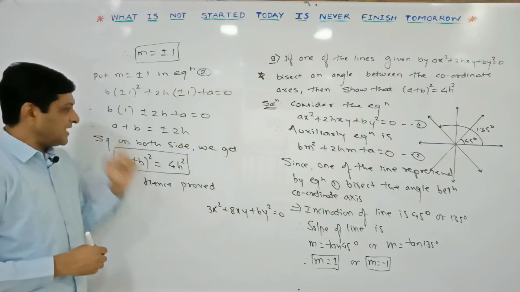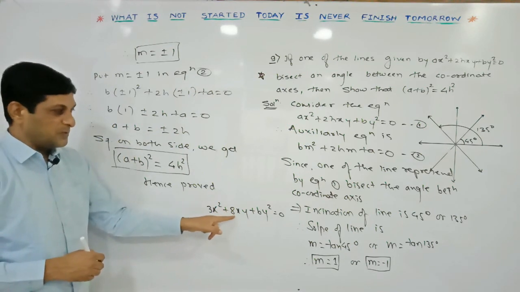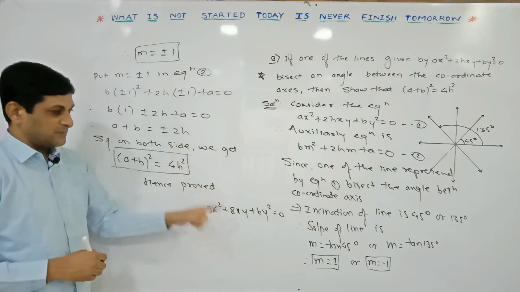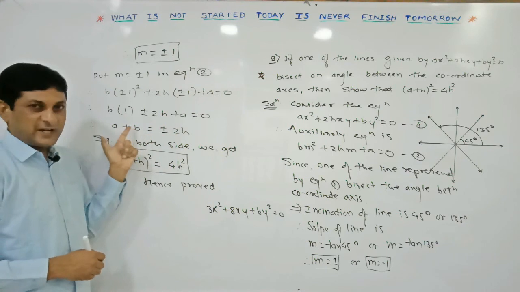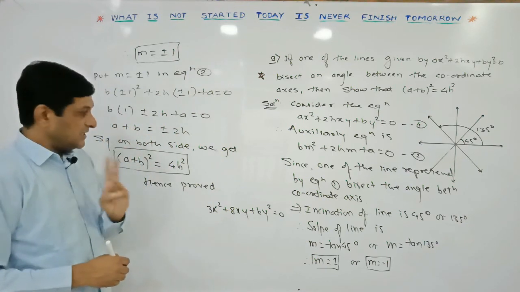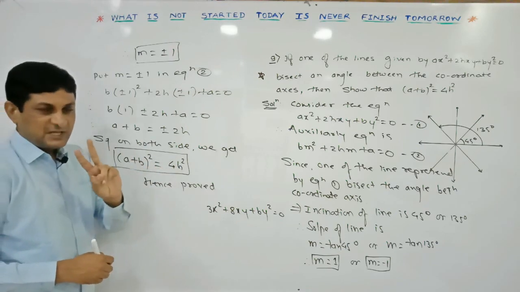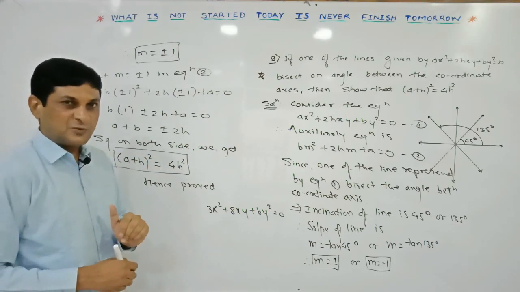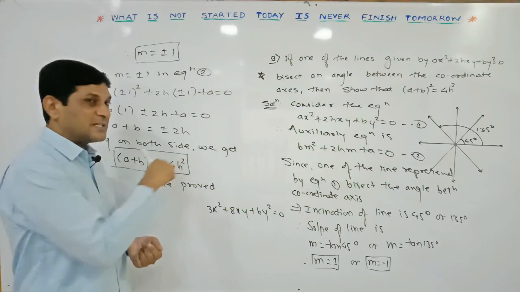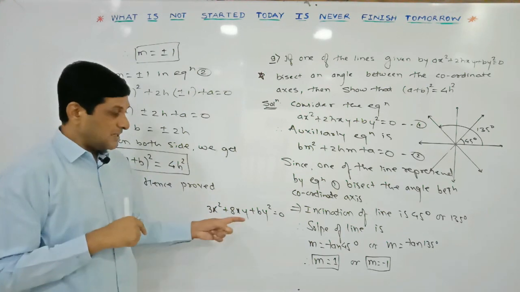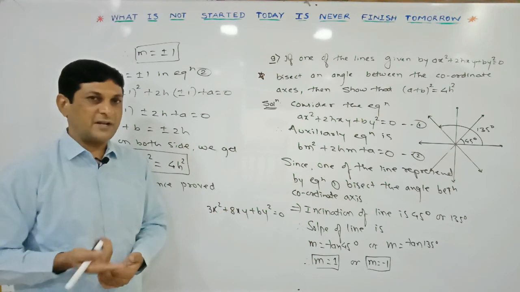If we replace a by 3 and h by 4, this is the value of 2h, or replace 2h by 8, and simplifying it, we are able to find the value of b. In this expression a appears, b appears and h appears. If any two values are given to us, we are able to find the third unknown value. But this formula is applicable only if the line represented by the homogeneous equation bisects the angle between the coordinate axes.